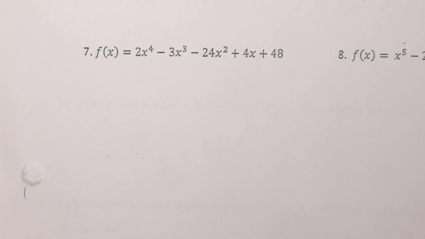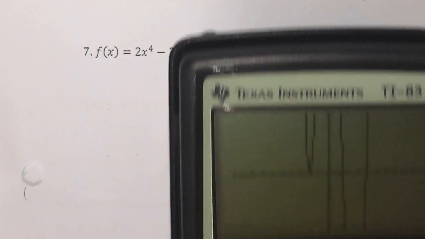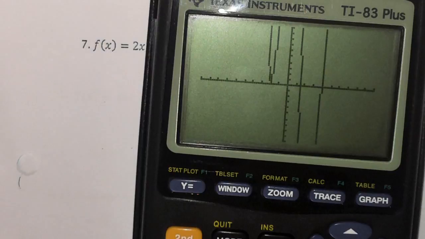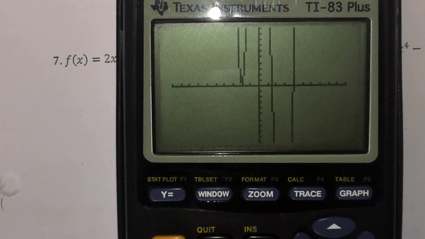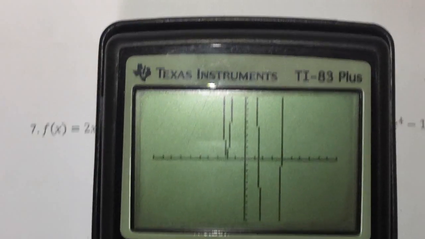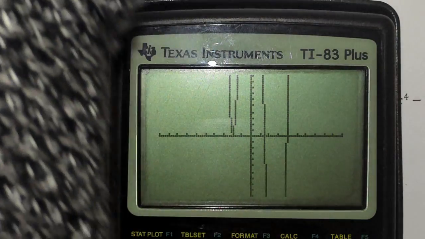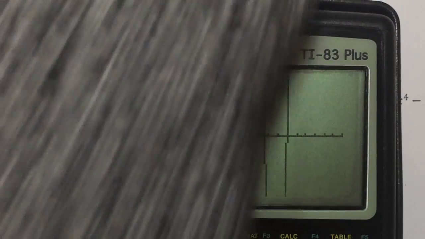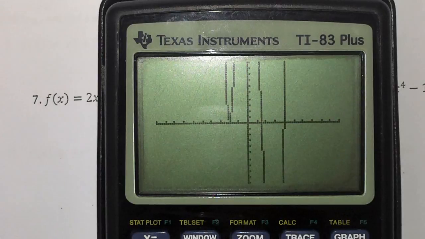Okay, so number 7, I've got a positive 2 leading coefficient. I'm degree 4, so I should have gotten a W, and maybe that's a W drawn by a 2-year-old, maybe. And Brady's been working hard on this one, and I'm about to break his heart. Actually, I don't know. Brady probably didn't overthink it.